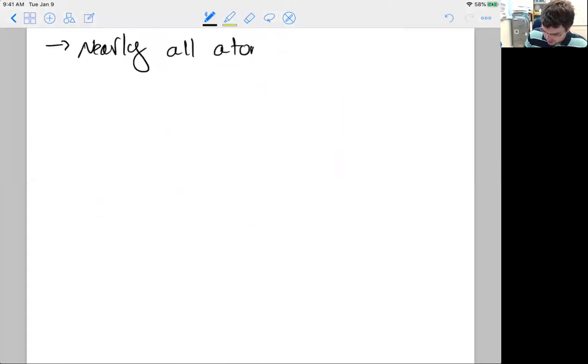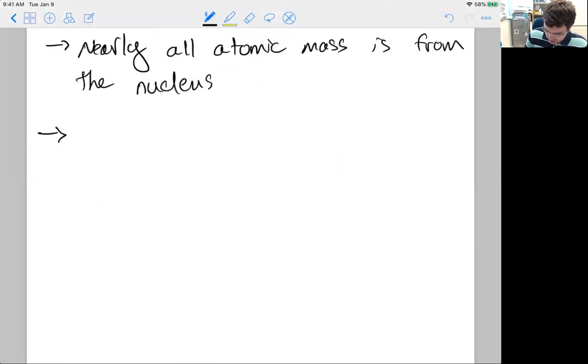Nearly all atomic mass is from the nucleus. And nearly all atomic volume is from the orbitals.